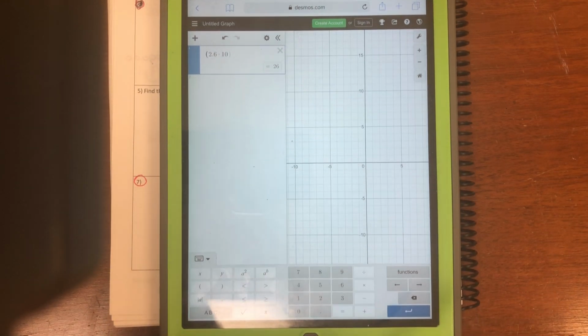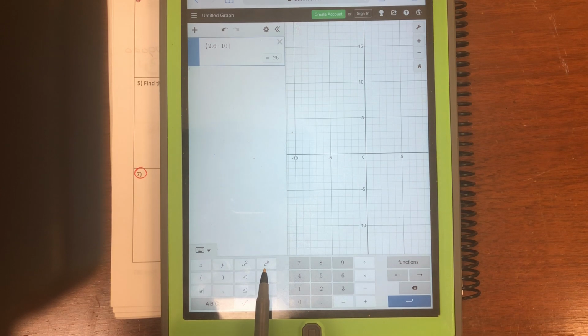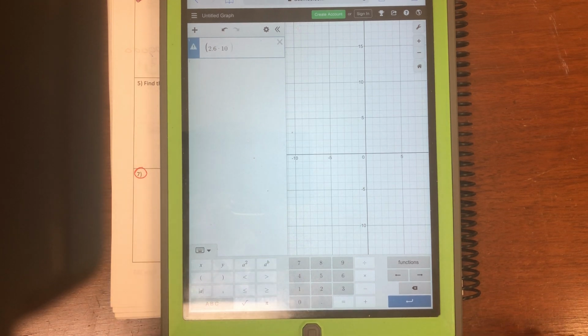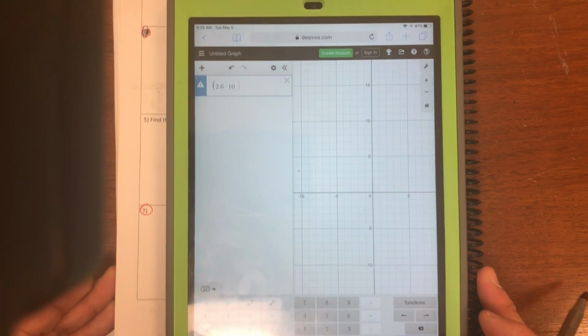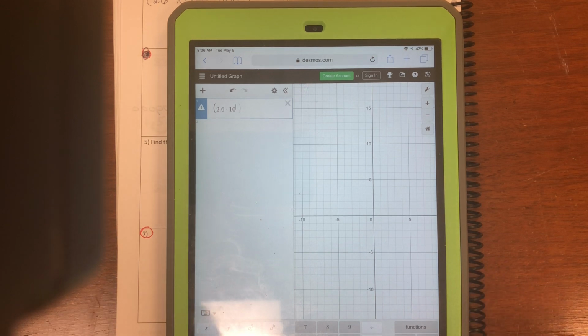To be able to get an exponent, you need to click that button that says A to the power of B. Remember that A to the power of 2 just gives you an exponent of 2 automatically, but if you want to put something other than an exponent of 2, you will click the button that's right beside it, which is A to the power of B. That should take you to the top, and you can put in 7 as your exponent.